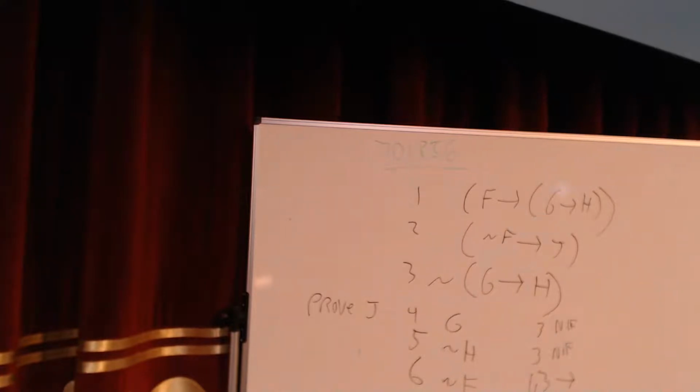So I'm going to see towards the end, I'm going to use statement 4. But I'm going to need an F from somewhere to use statement 4 to get the S. So then again, I work backwards again, and I say, well, gee, I'm going to need an F, and I'm going to get that F from statement 1.